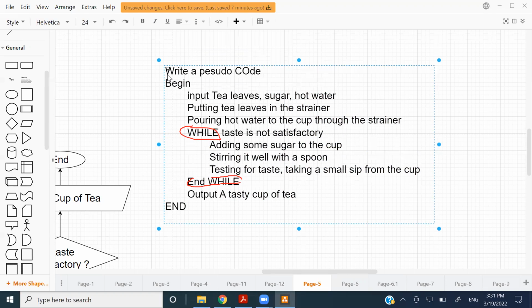Yes, Sasrika, while and end while. Yeah, pressing enter means, Sasrika, I'm not getting that part.